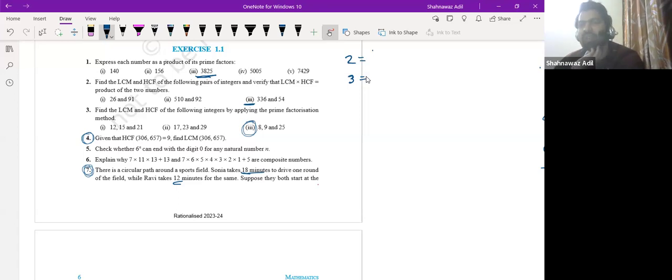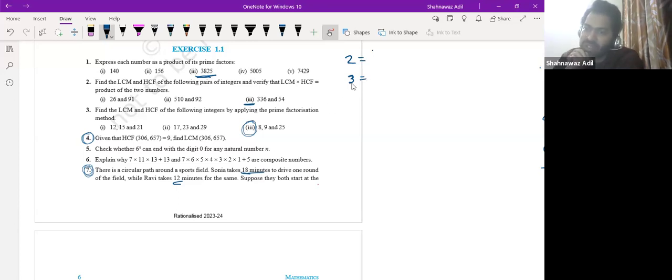Amira, how can we check without dividing that the number is divisible by 2? Any number with the last digit 0, 2, 4, 6, or 8 will be divisible by 2. Good. So if the last digit is an even number, then that number will be divisible by 2.